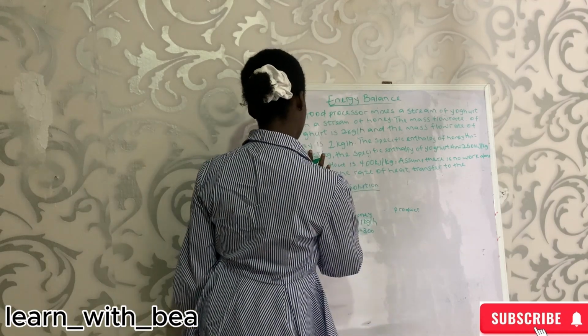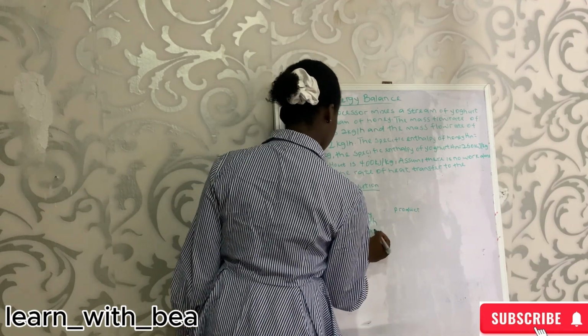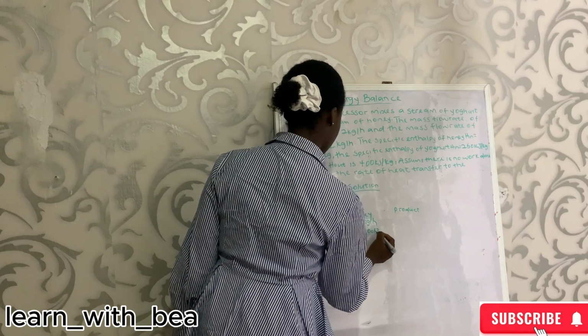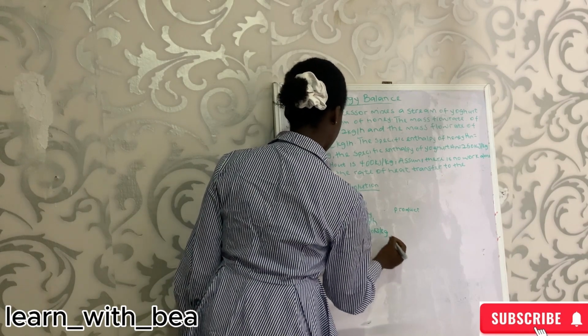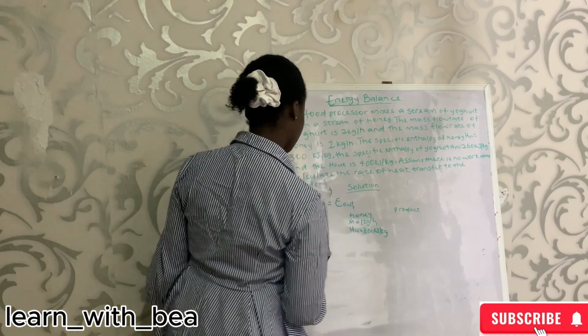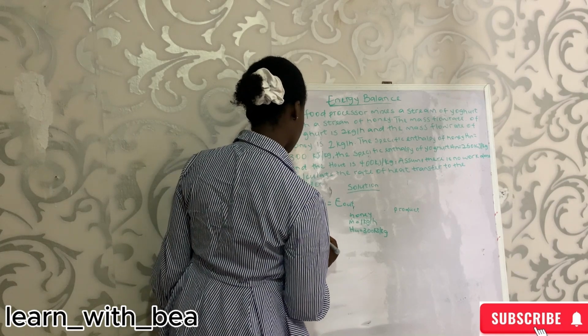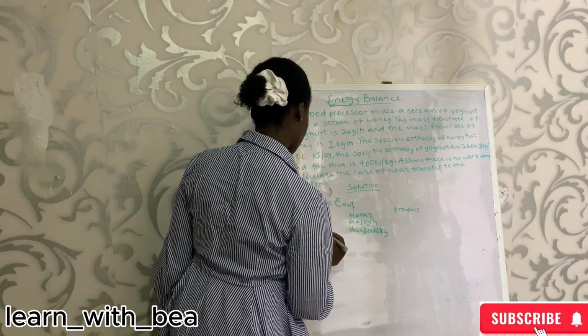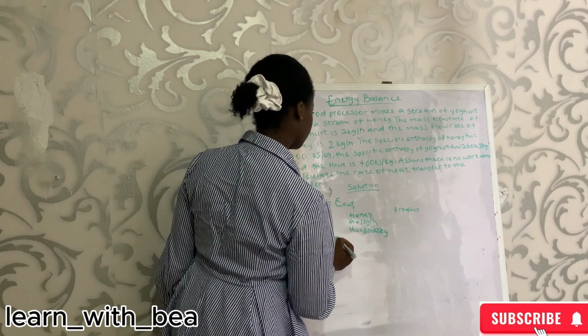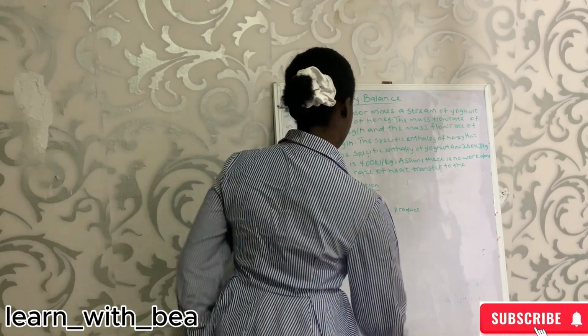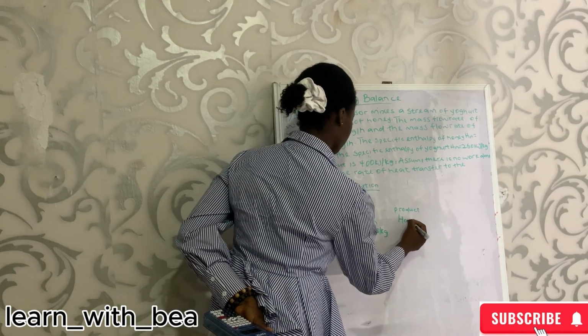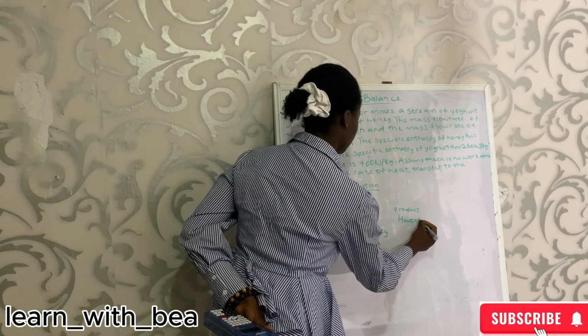Should be 300, sorry. Kilojoule per kg. Then for yogurt, it is 250 kilojoule per kg. Then they now said the H out, the products, is 400.